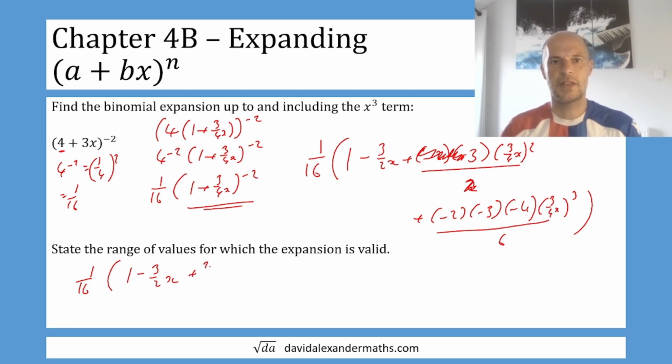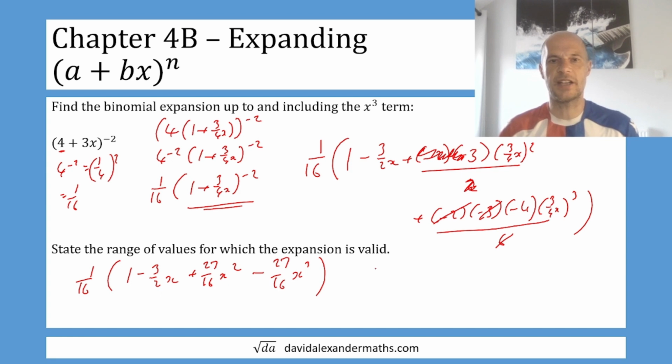That is plus 27 over 16 x squared. And the final fraction, minus 2 times minus 3 over 6 is 1, so that can all just go. So that is 4 times 3 times 3 times 3 divided by 4 divided by 4 divided by 4, and there's one minus sign, therefore the whole thing will be negative. So it's minus 27 over 16 x cubed.